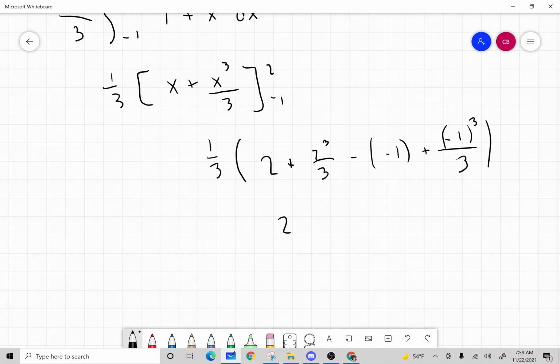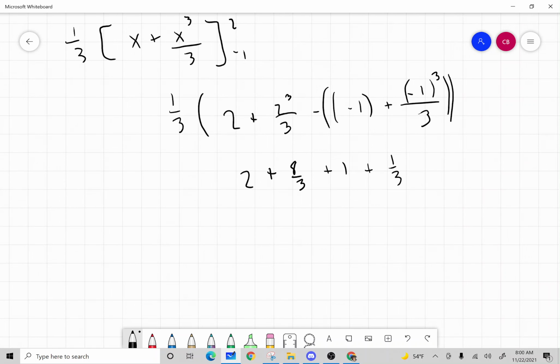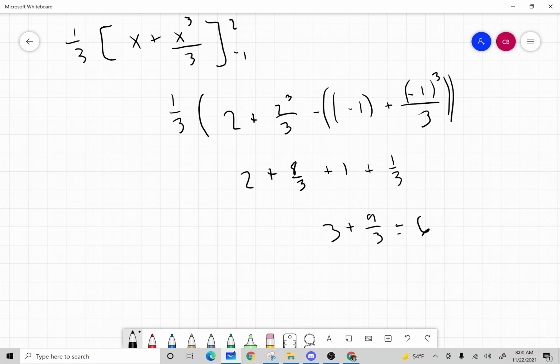So this is 2 plus 8/3. By the way, this is in parentheses, so this is negative, this is negative, this is positive, plus 1/3. And then we get 3 plus 9 over 3, which is 6.